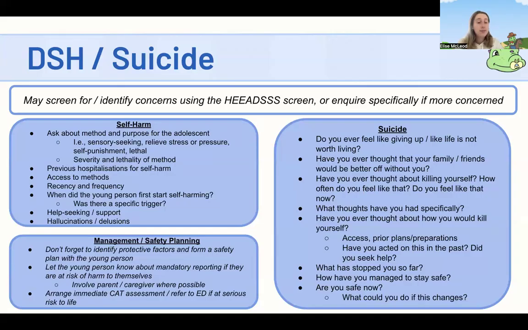So making that clear to them before you start speaking to them. Really trying to involve a parent or caregiver where possible, with the consent of the young person. And obviously, if you've got immediate or serious concerns, arranging an immediate CAT assessment or referral to ED.